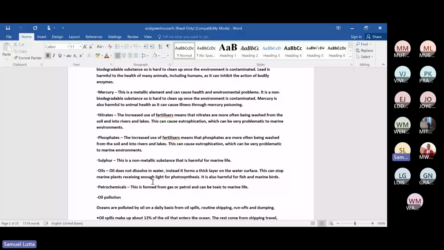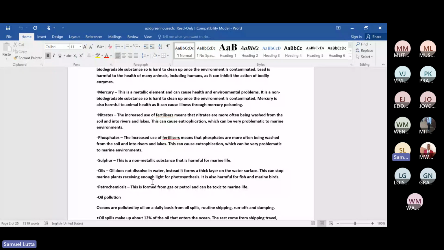And the problem with the oil is that it doesn't dissolve in water. So what happens is that when you have oil, it forms a thick layer on the surface of the water. And when you have that thick layer on the surface of the water, it will affect the aquatic creatures in two ways. Number one, you may not have enough light entering the sea, and photosynthesis may not be effective.